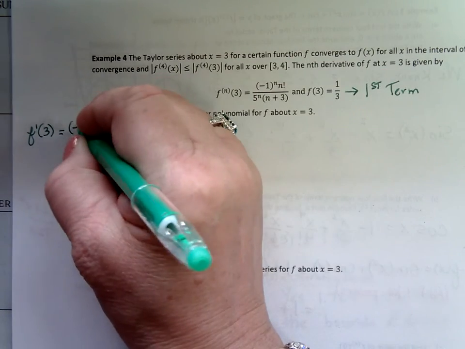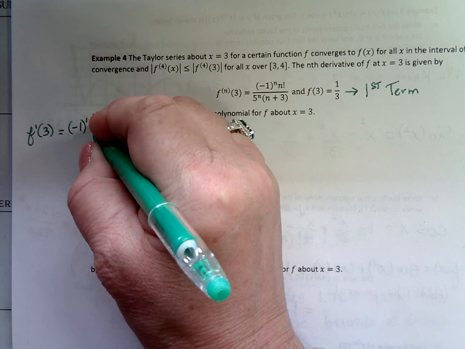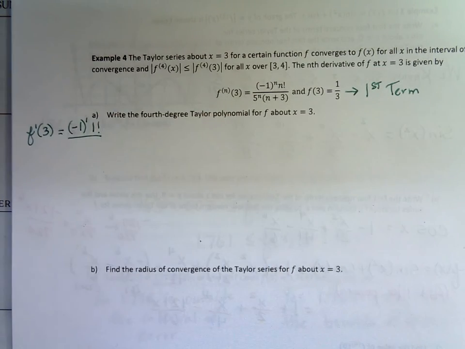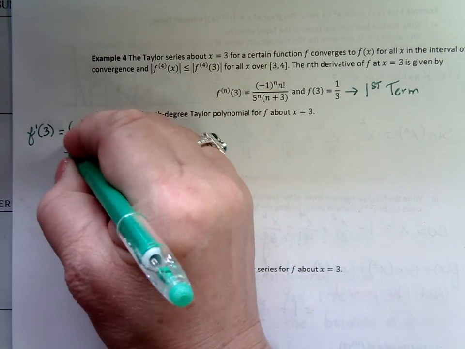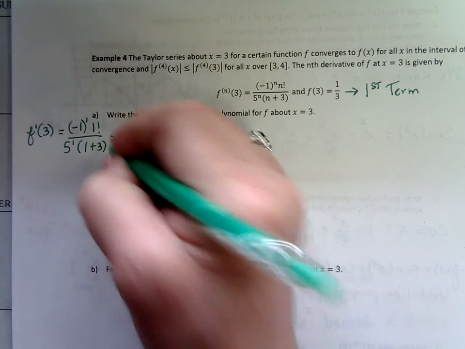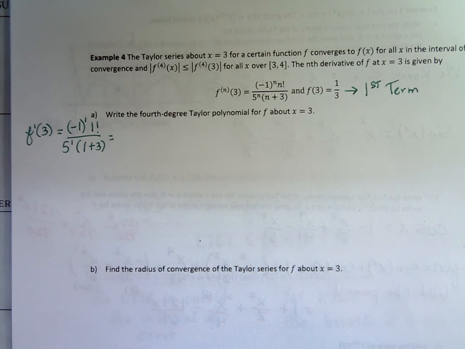Negative 1 to the first times 1 factorial over 5 to the first and 1 plus 3. Go through the whole deal there, and I solve that out, and that becomes negative 1 over 20.